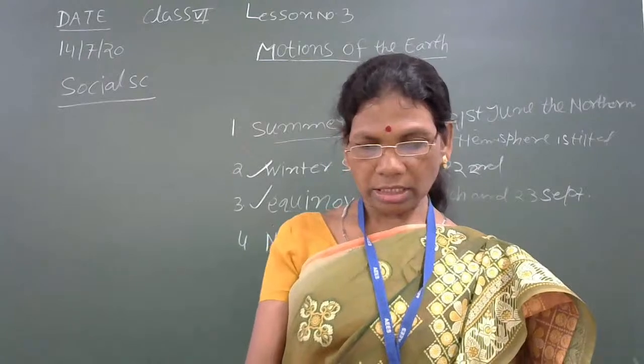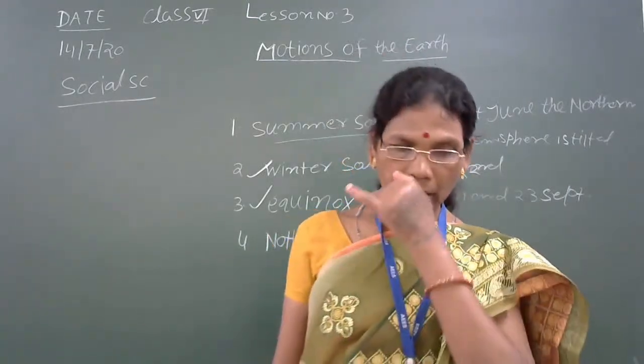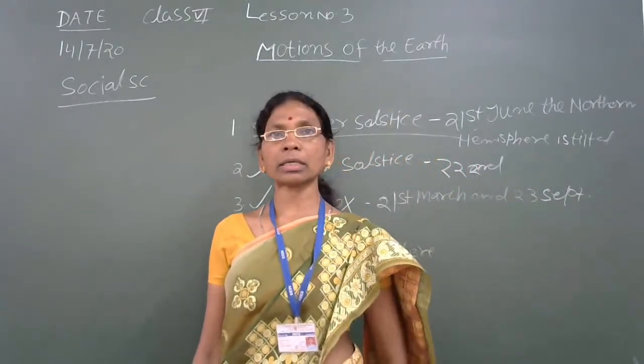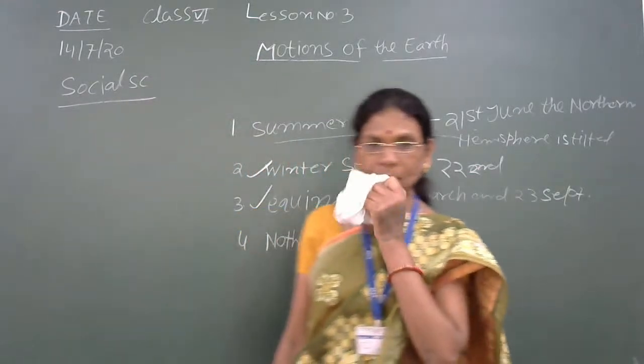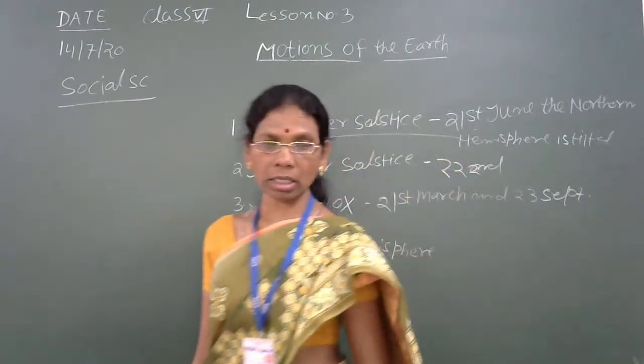The opposite is the case on 21st March, when it's spring in the northern hemisphere and autumn in the southern hemisphere.